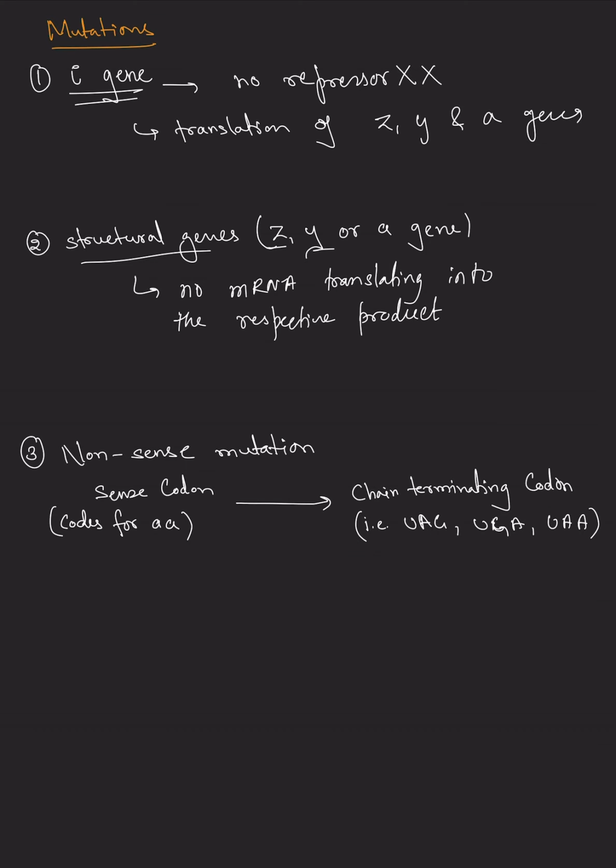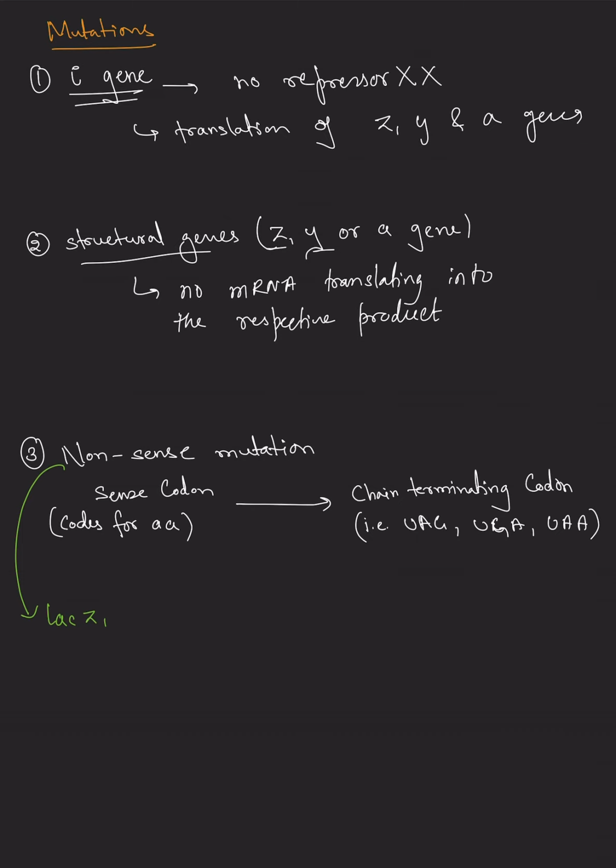So what is going to happen in this case? Let's say the nonsense mutation is happening in the lac Z, lac Y or lac A gene.